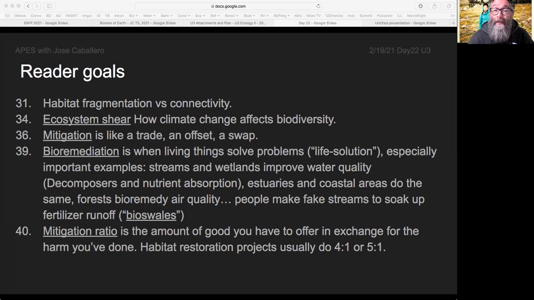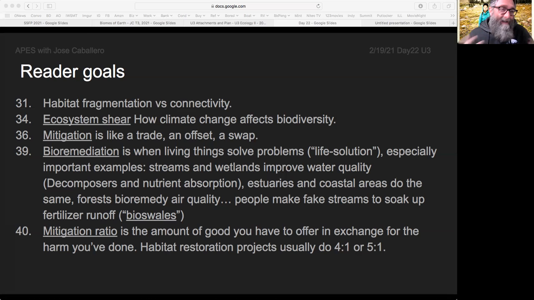You don't want to have too many nutrients. So one thing that we do is we build these things called bioswales, which are man-made wetlands, or man-made streams, excuse me, that capture the runoff from a farm and will fix up that water quality before the water continues to run off into natural bodies of water.